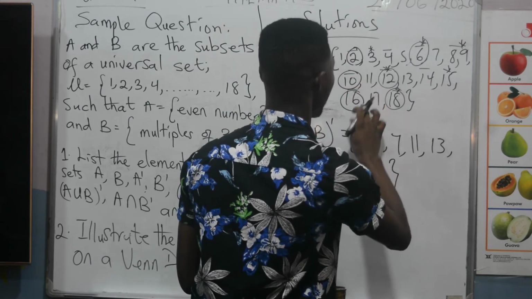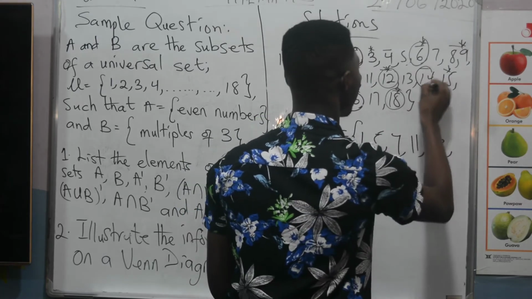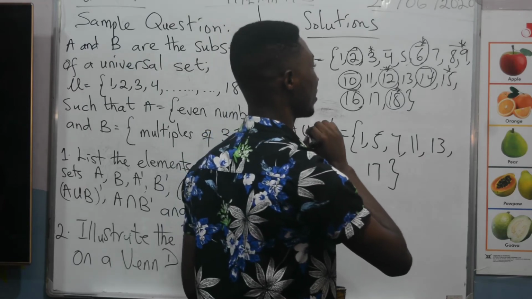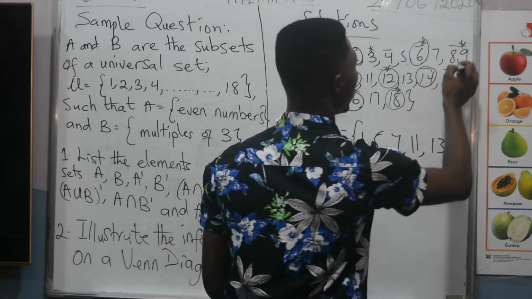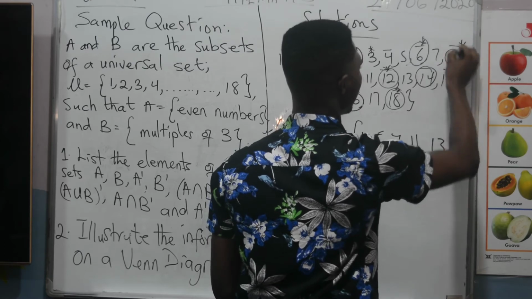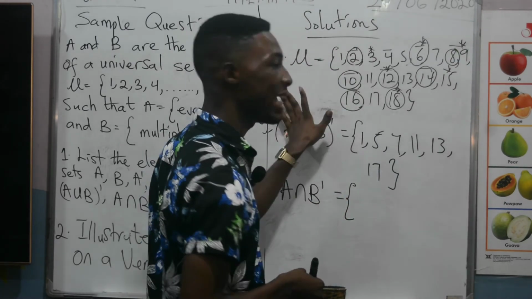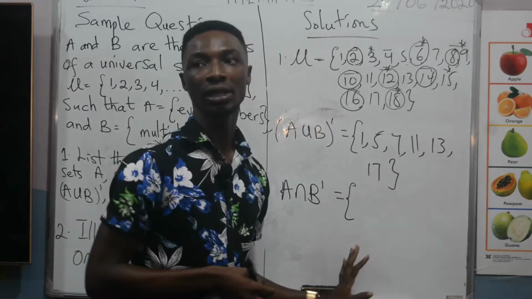We also have 14 here to be in A intersection B complement. Then we also have 8 over there. So you can see that 2 is in A and at the same time in B complement.